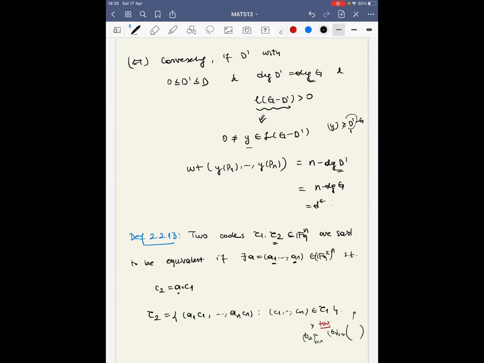Let me first define the permutation matrix. A permutation matrix is a square matrix, in this case n by n, which contains only one non-zero entry at each column and each row.